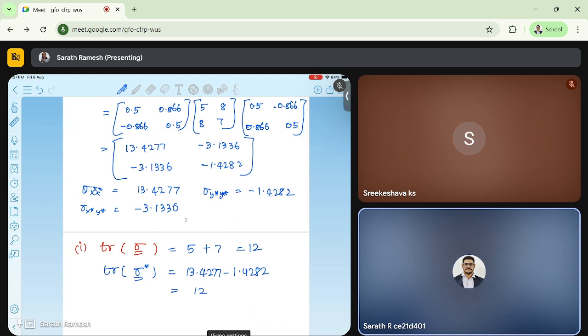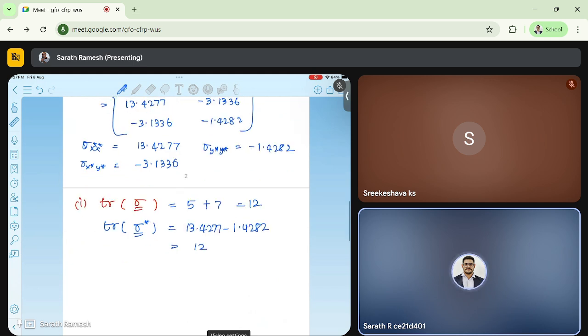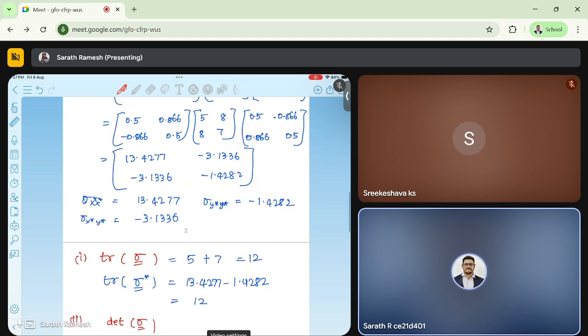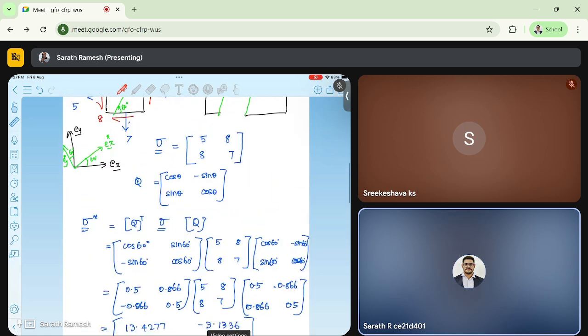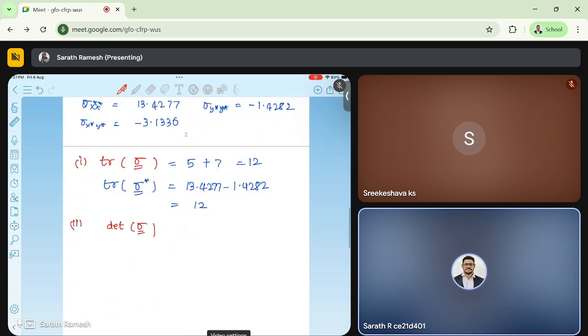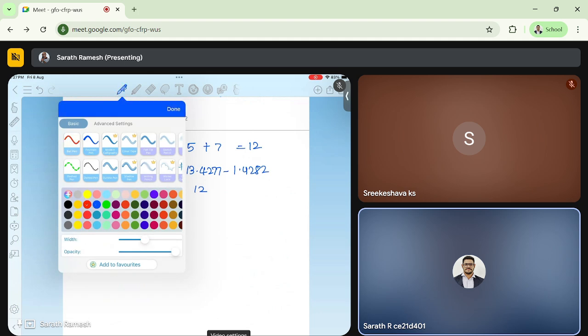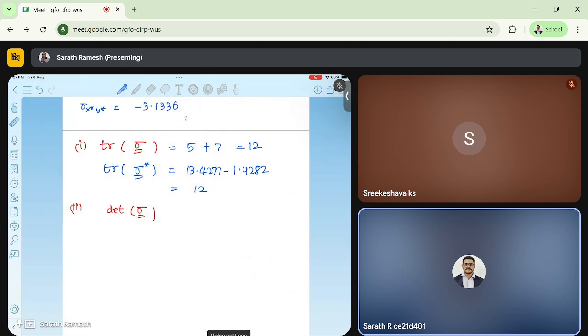Fine. Next, what was the other one? Determinant of sigma will be equal to determinant of sigma star, right? So determinant of sigma was 5 sevens are 35 minus 64, which is minus 29.